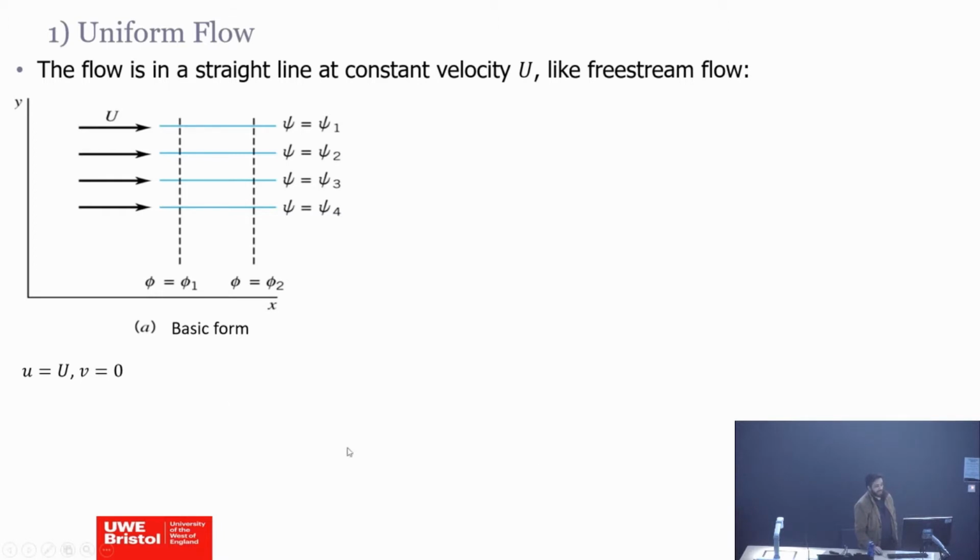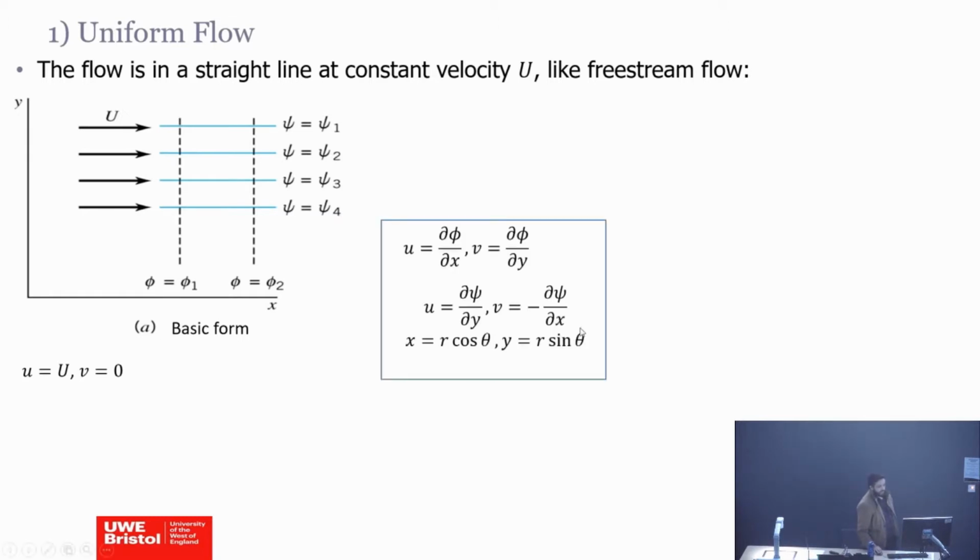So how then do we get the forms? The next question is, how does the stream function and the velocity potential look like? Well, to do that, you need to recall these equations we had last time. This just relates the velocity component u to phi and v to phi in this formulation, or u from psi in this formulation.